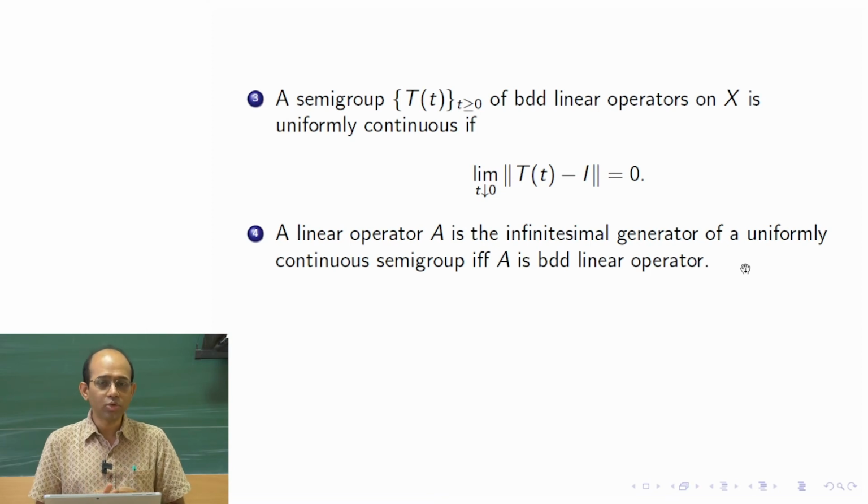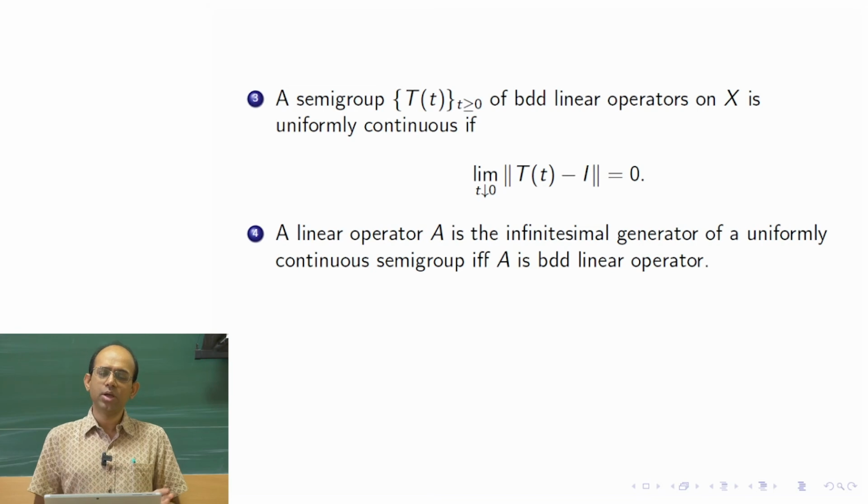But that it would also be bounded need not be true. The generator we are going to get need not be a continuous operator. So this theorem is saying that a linear operator A is the infinitesimal generator of a uniformly continuous semigroup if and only if A is a bounded linear operator.